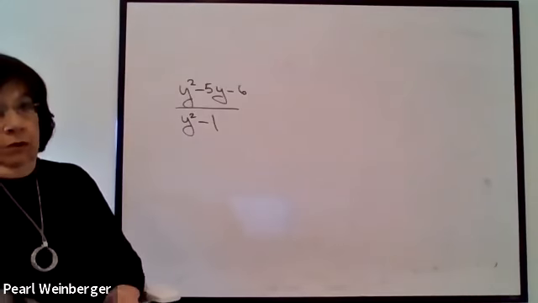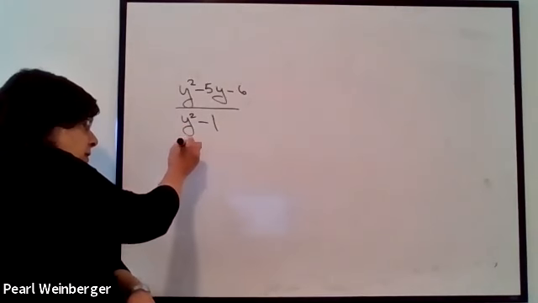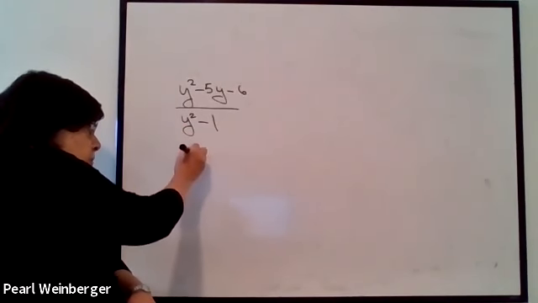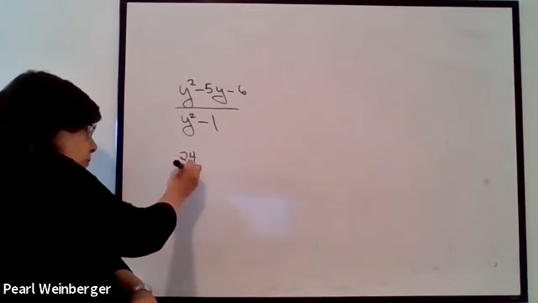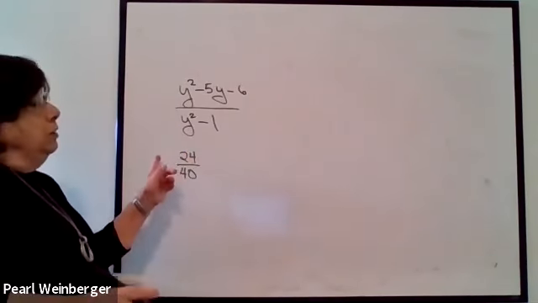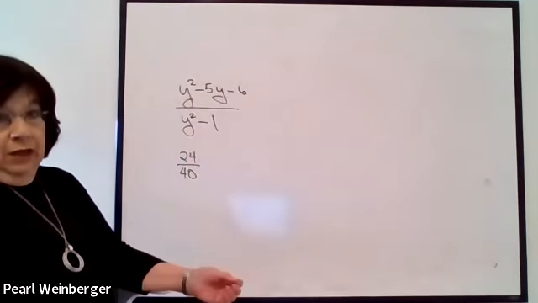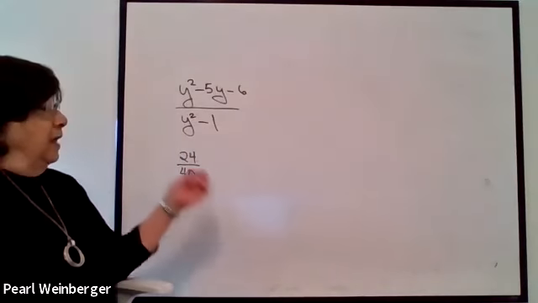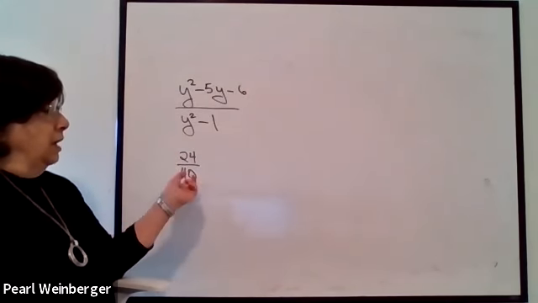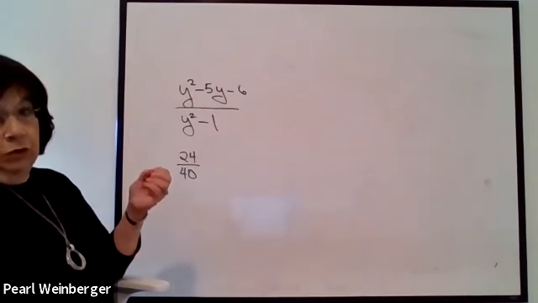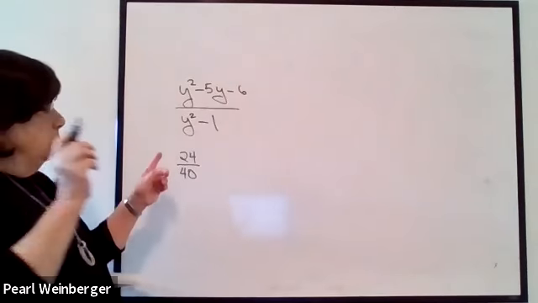If you recall, if you had something like 24 over 40, and you wanted to reduce that fraction, you would try to find a number that goes evenly into both the numerator and the denominator, and you'd like to find the largest number that you could. It's called finding the greatest common factor.